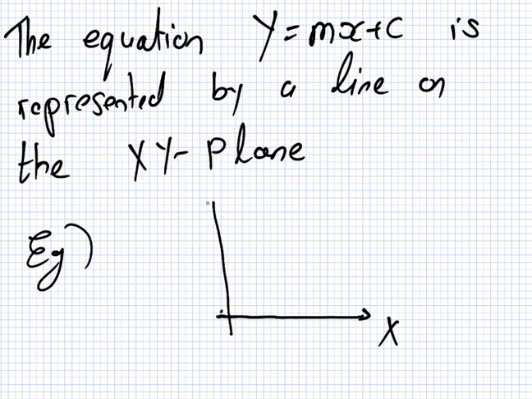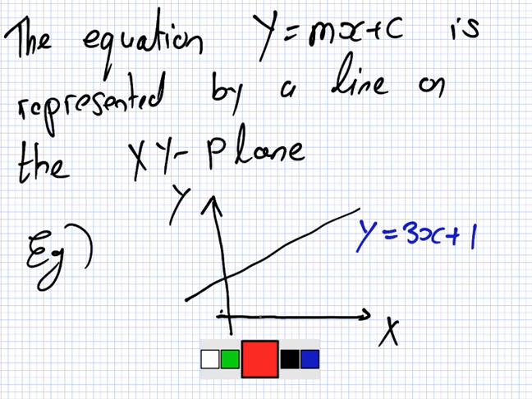There's x, there's y, there's my line, and let's say this is y equals 3x plus 1. And let's say here this is, I don't know, say this here is 1, this here is 2, whatever, and then here, I'm not drawing this accurately, this is 1, this is 2, this is 3, for example.